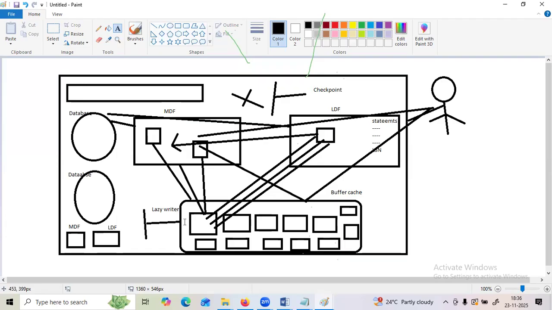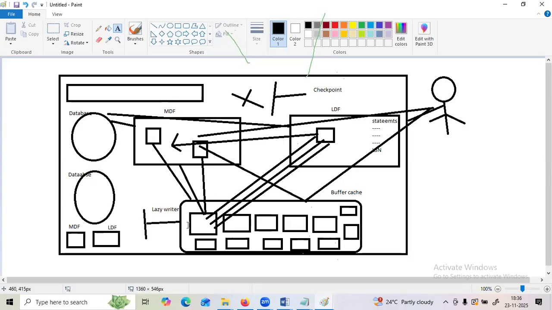Whenever we run the lazy writer, we can see some flushes from the buffer cache, and that information is recorded into our SQL Server log.